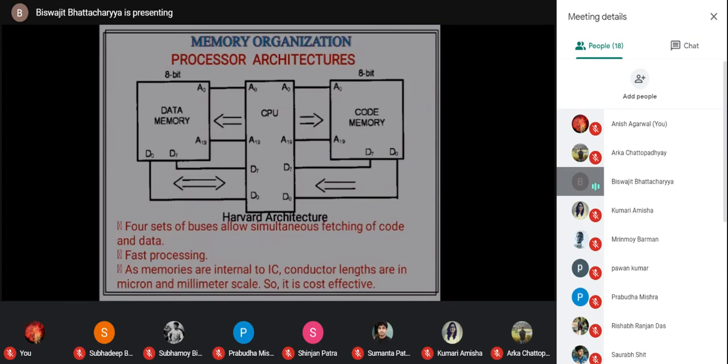Similarly, data will come from the data memory or code memory simultaneously, because there are different data buses available for different devices. As the length of the conductor is small, the whole situation becomes cost effective.